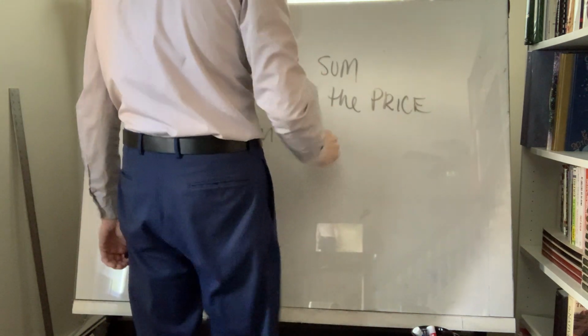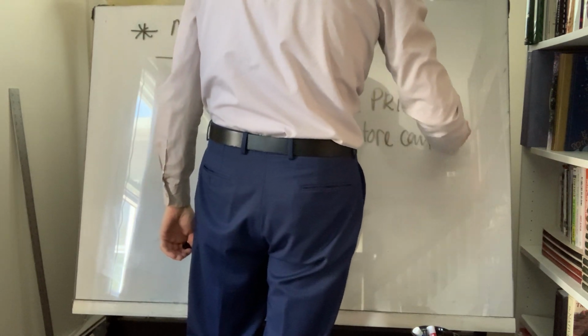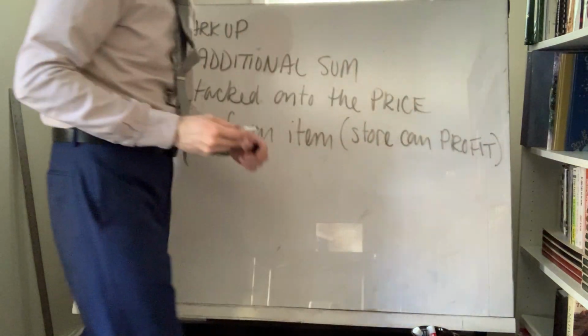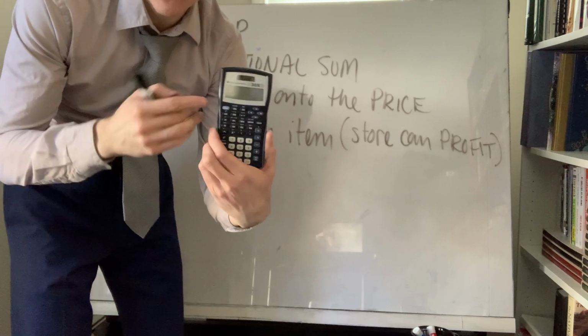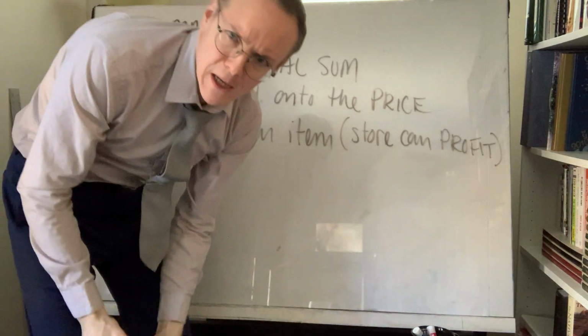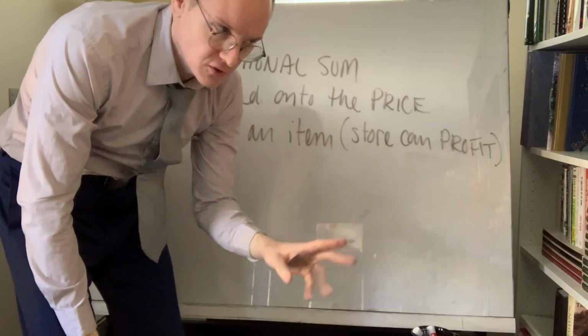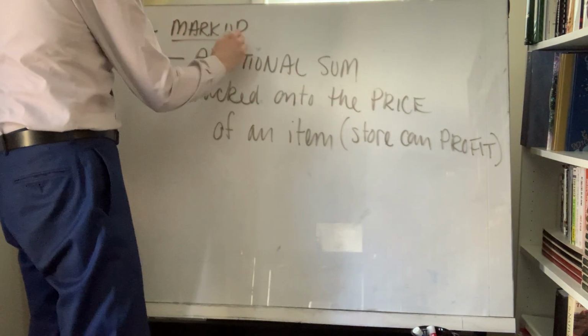This is so that a store can make profit. Now if you say, for example, this calculator ranges from like $10 to $20, why does it cost different things in different places? Because different stores will have a different markup.